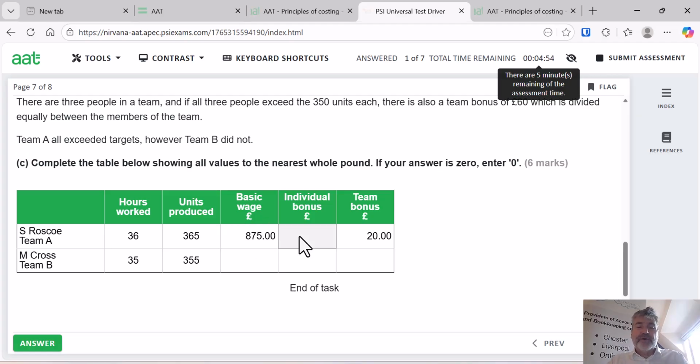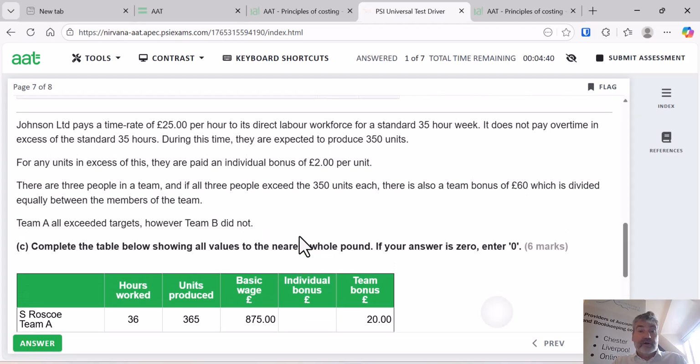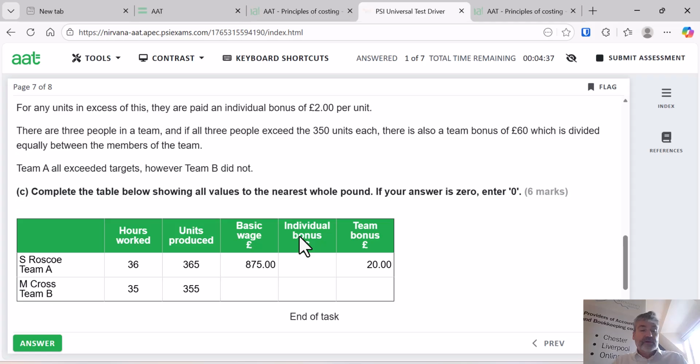The individual bonus, well, Roscoe has clearly produced more than the 350 units expected, so exceeded that standard measure by 15 units. Each of those 15 units is going to pick up a bonus of £2. So Roscoe is going to pick up a £30 bonus.